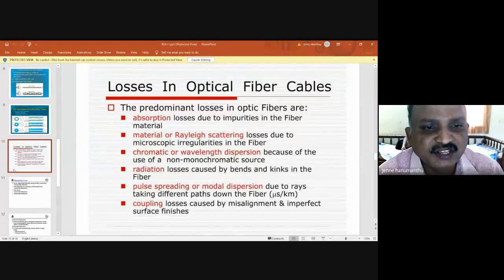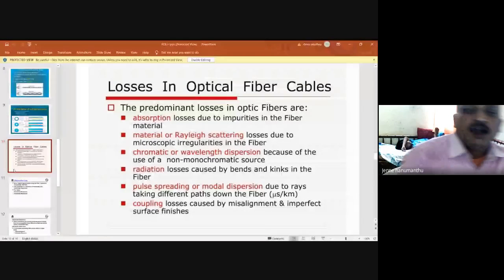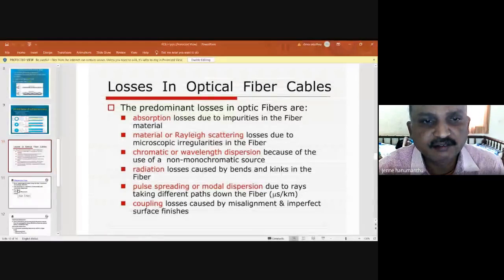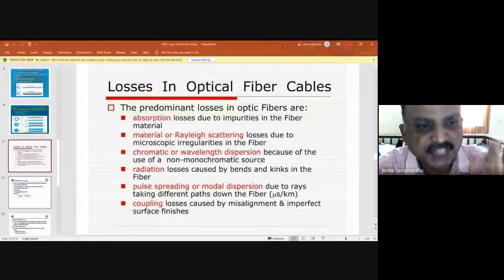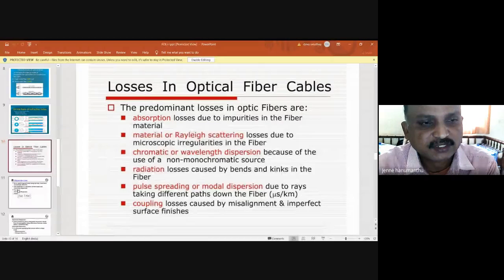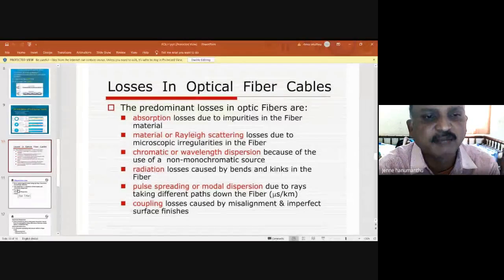Next, chromatic or wavelength dispersion. You clearly understand the meaning of dispersion. I have a transmitting section and a receiving section, with a cable in between. From the transmit section, I am sending light into the fiber.